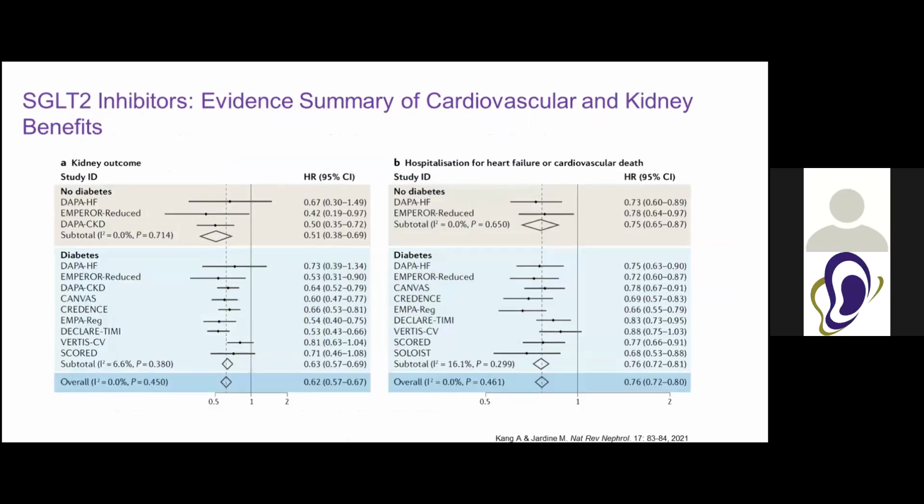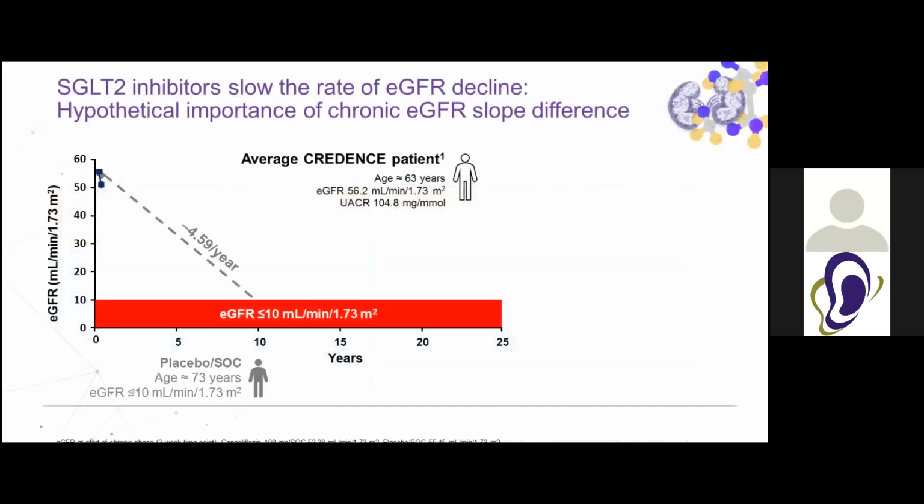So in general, all the diamonds here are on the left-hand side of the house, which actually tells you that these things work for just about everything. And I want to show you what this means. If you're in the CREDENCE study and your placebo change in kidney function was around 5 mLs per minute per year, because they had good blood pressure control and everything else, and your danger zone of kidney function is to get to around 10 mLs per minute.